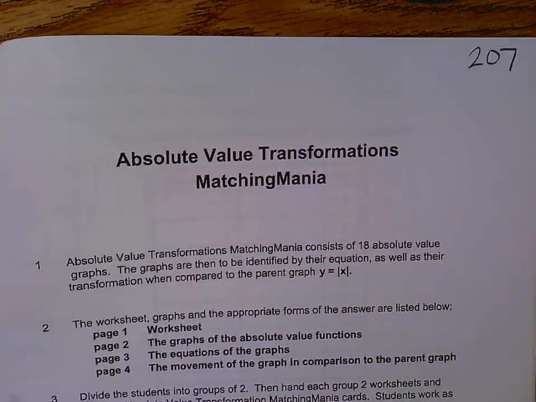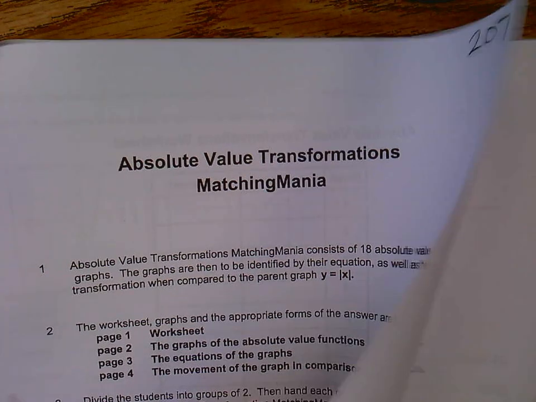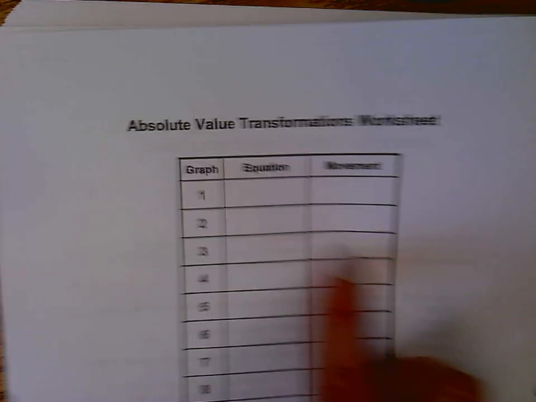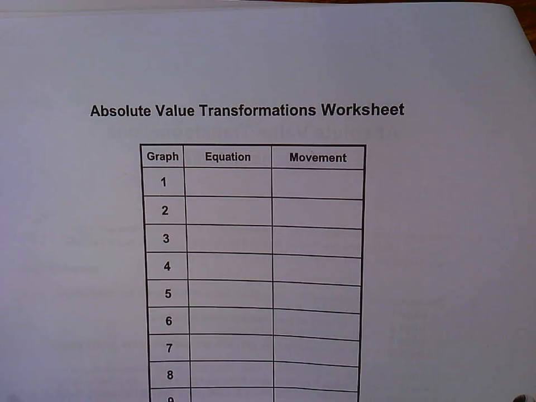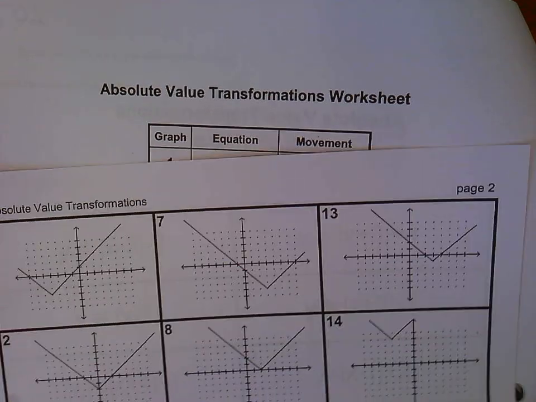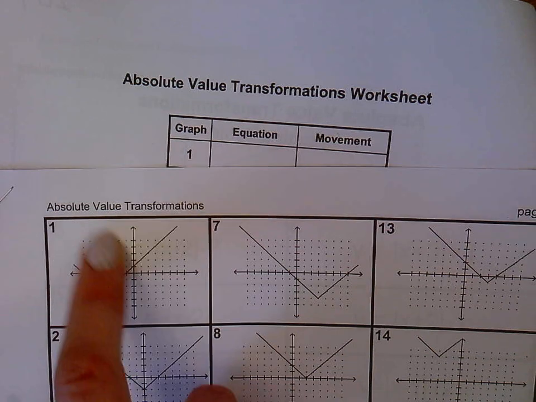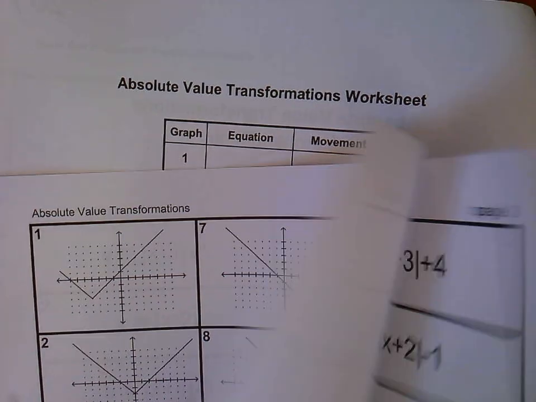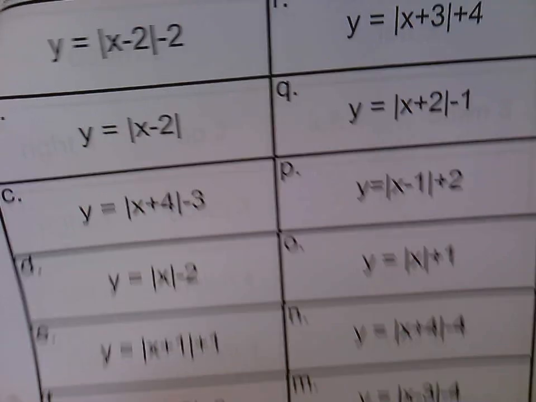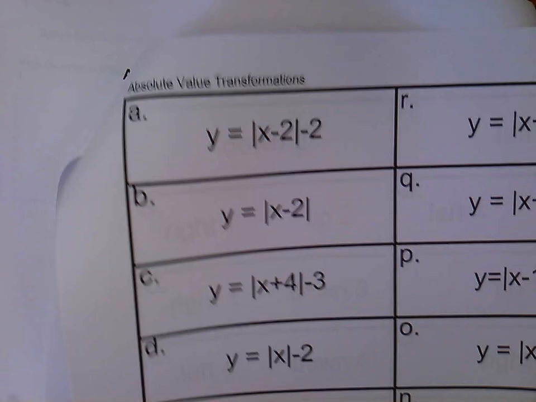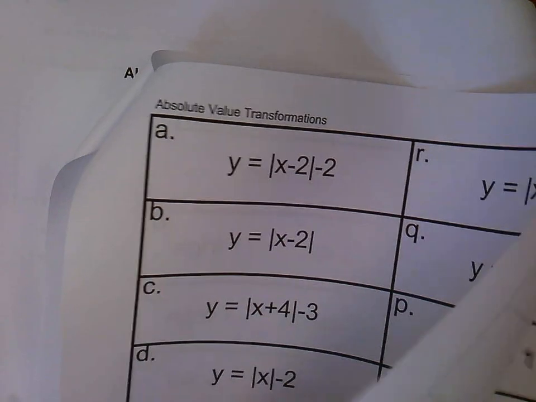So you're going to have to look at this page is what you want to fill in. And I will look and see where this is linked, but you are going to look at this first graph. The next page gives you all the possible equations it could be. So you'd pick which equation it could be, and you need to pick which movement it is.